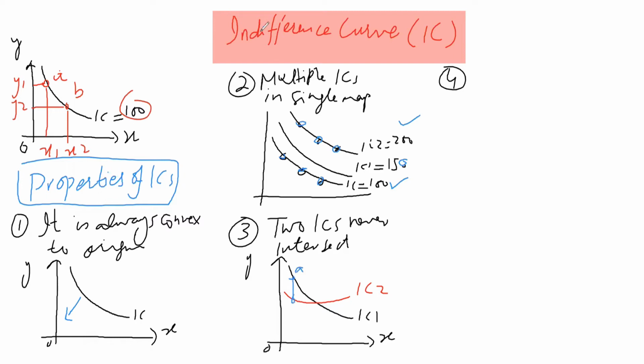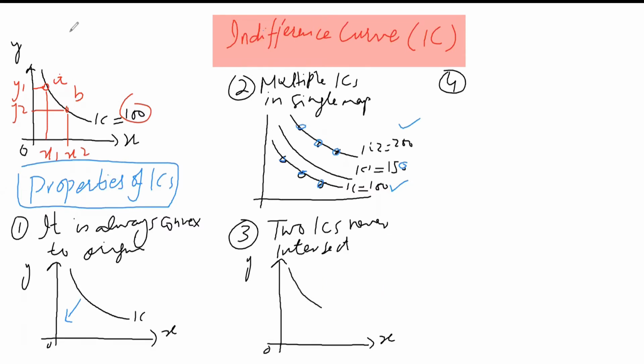A unit elastic demand curve shows that whatever the price is, the consumer has to pay the same expenditure and the producer gets the same revenue. So there is no change in revenue of the producer, and there is no change in expenditure of the consumer. The same concept is applicable here, that every point on the IC curve gives the same level of satisfaction.